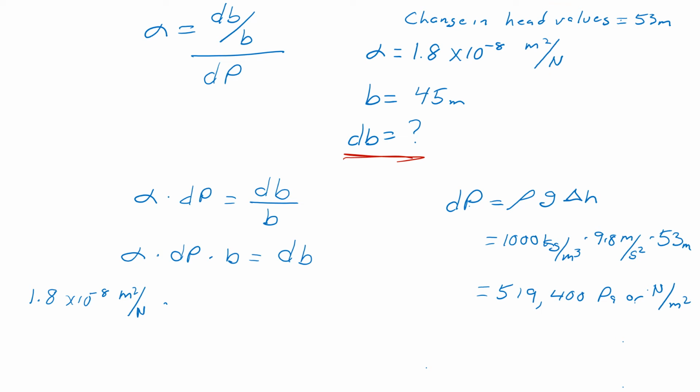Okay, so 1.8 times 10 to the minus 8 meters squared per Newton times our change in pressure, which is now over here, 519,400 newtons per meter squared, times B, 45 meters.